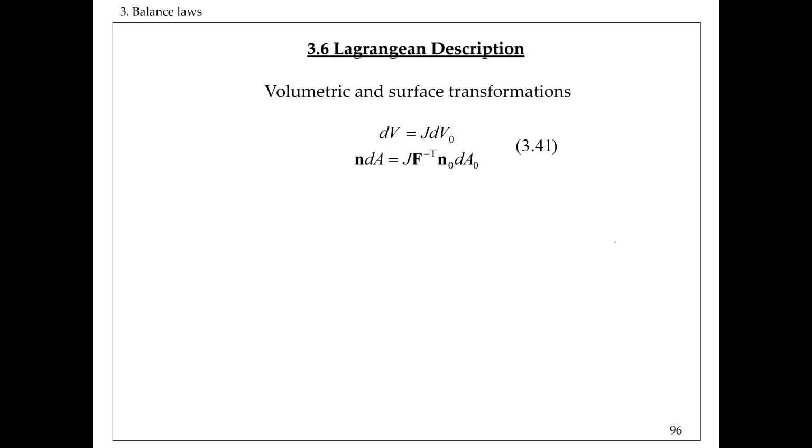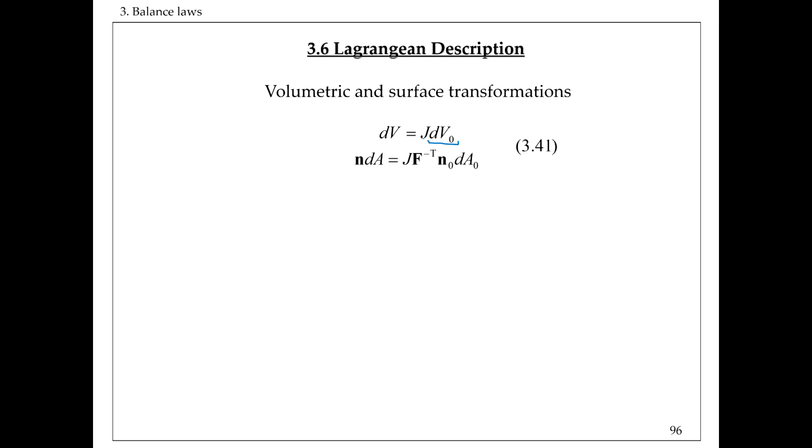for that, we actually need to recall the important quantities from the kinematics, the transformation of the volume and area element. So here they are summarized. And you remember that the change of the volume element is defined, so this is the small volume element dV in the current configuration, and dV0 is the volume element in the reference or undeformed configuration.